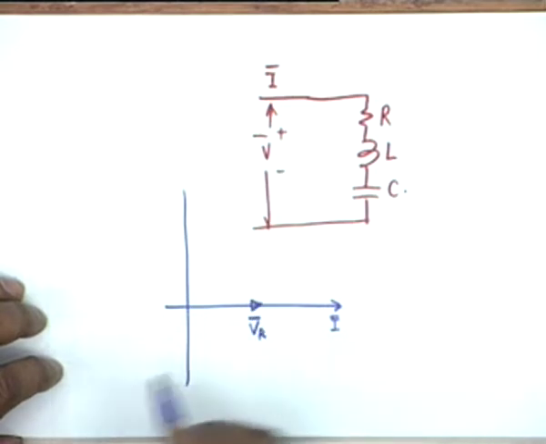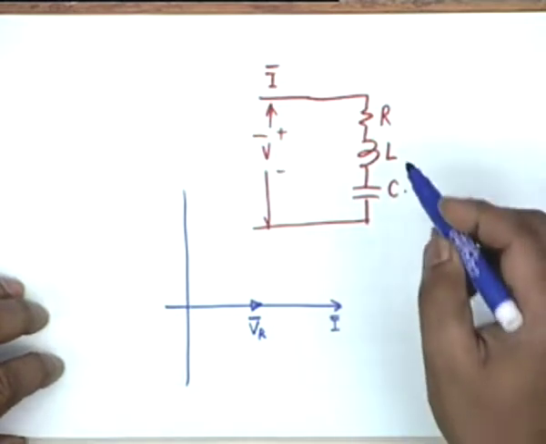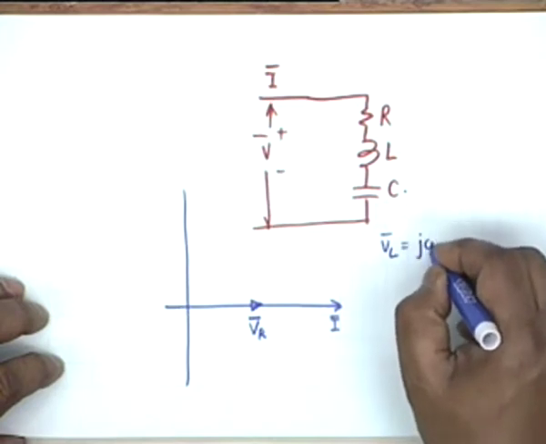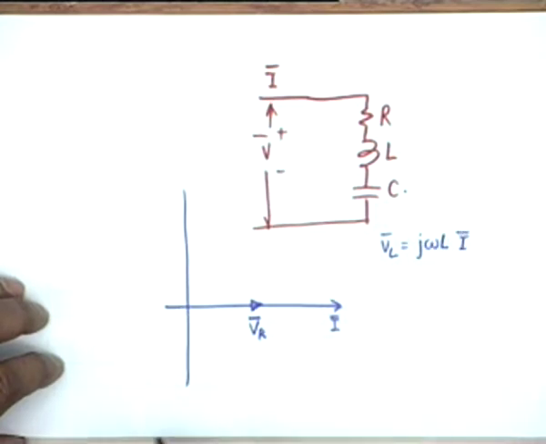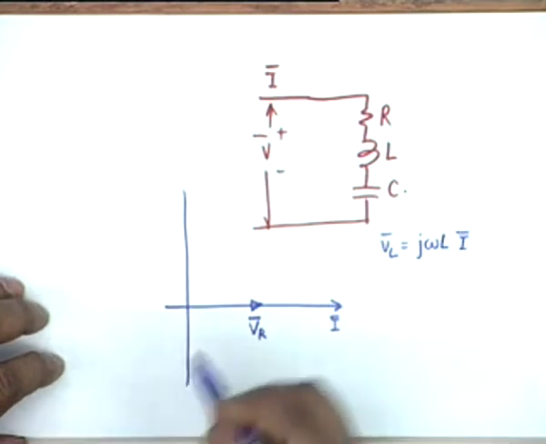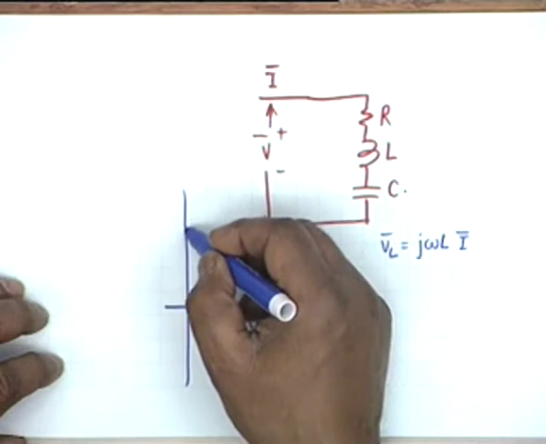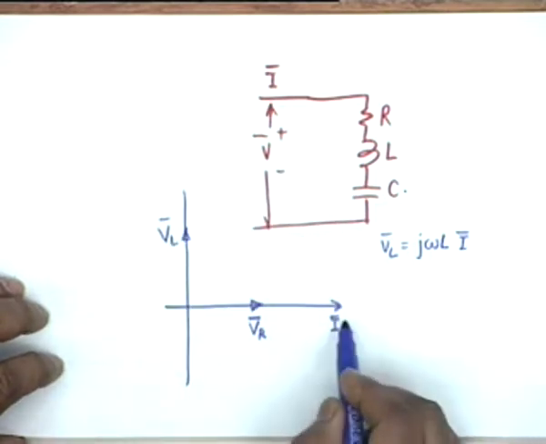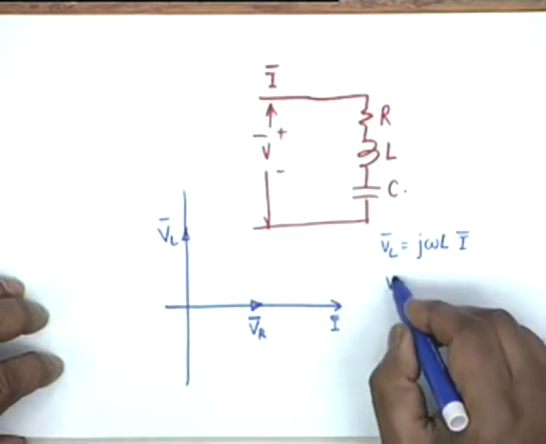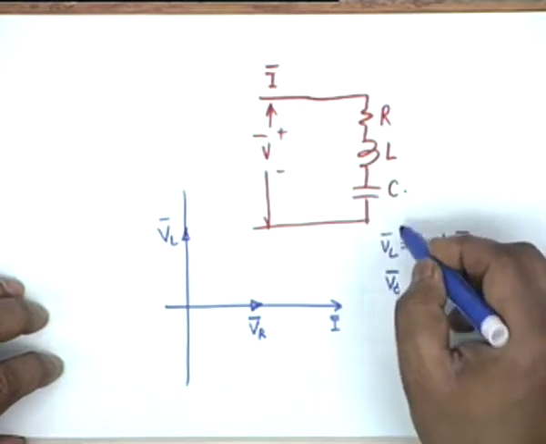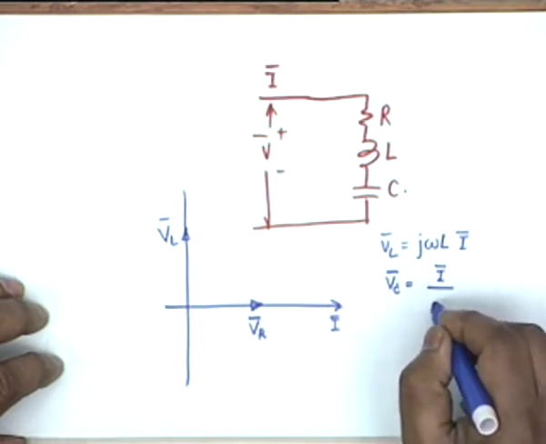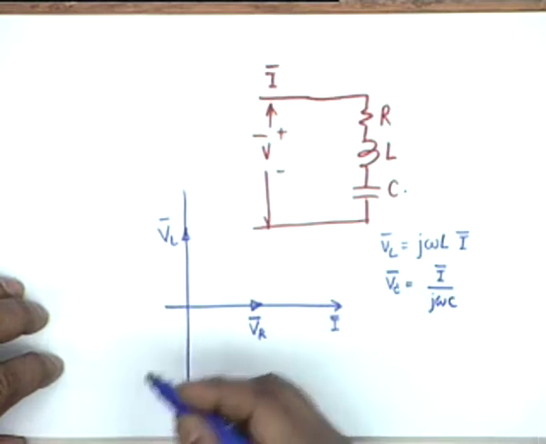So if I call this VR, then with regard to VL and VC, you notice that VL is j omega L I, and therefore it leads the current phasor by 90 degrees, and therefore VL would be in this direction. Let us say VL, it will lead I by 90 degrees. On the other hand, the voltage across the capacitor, VC, shall be I divided by j omega C. So it would be in the opposite direction.